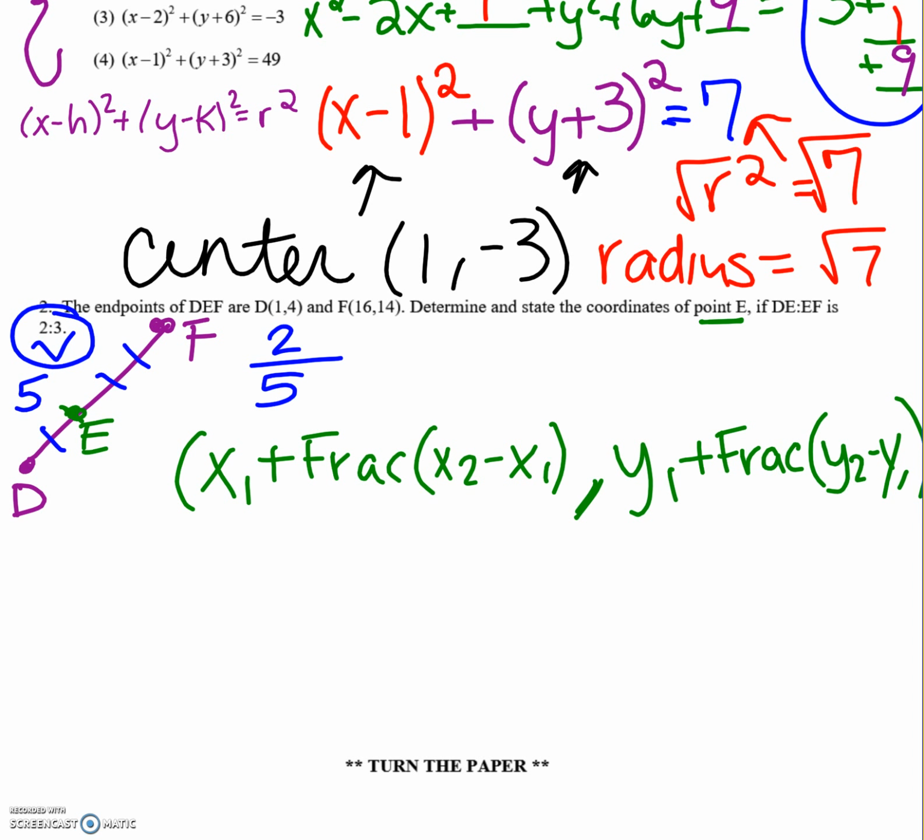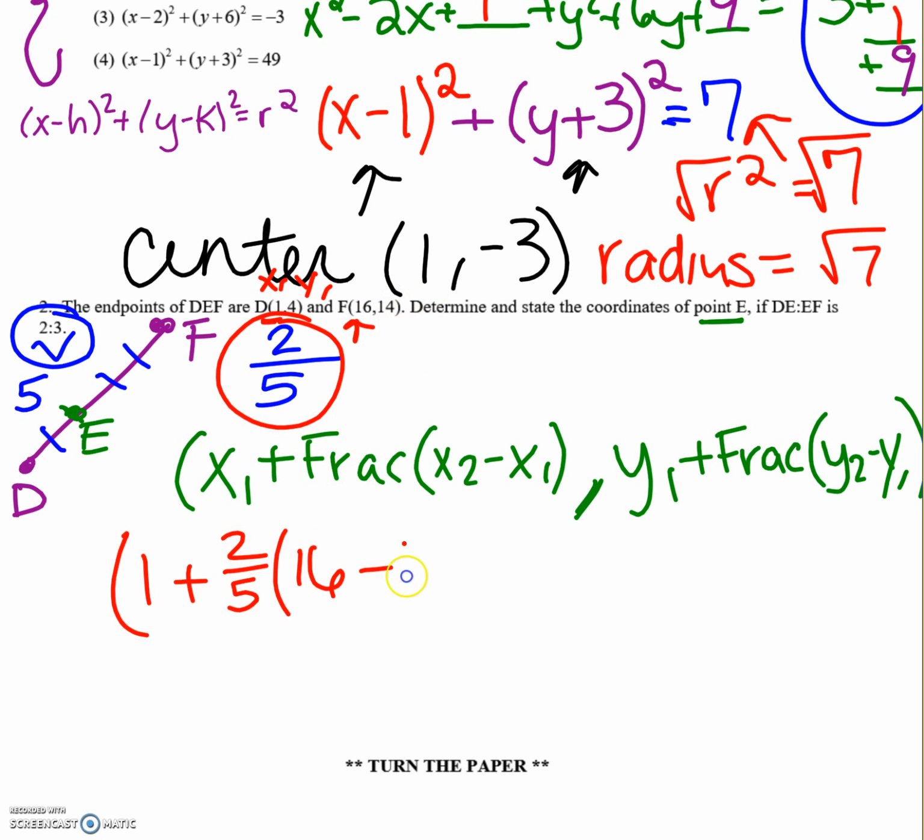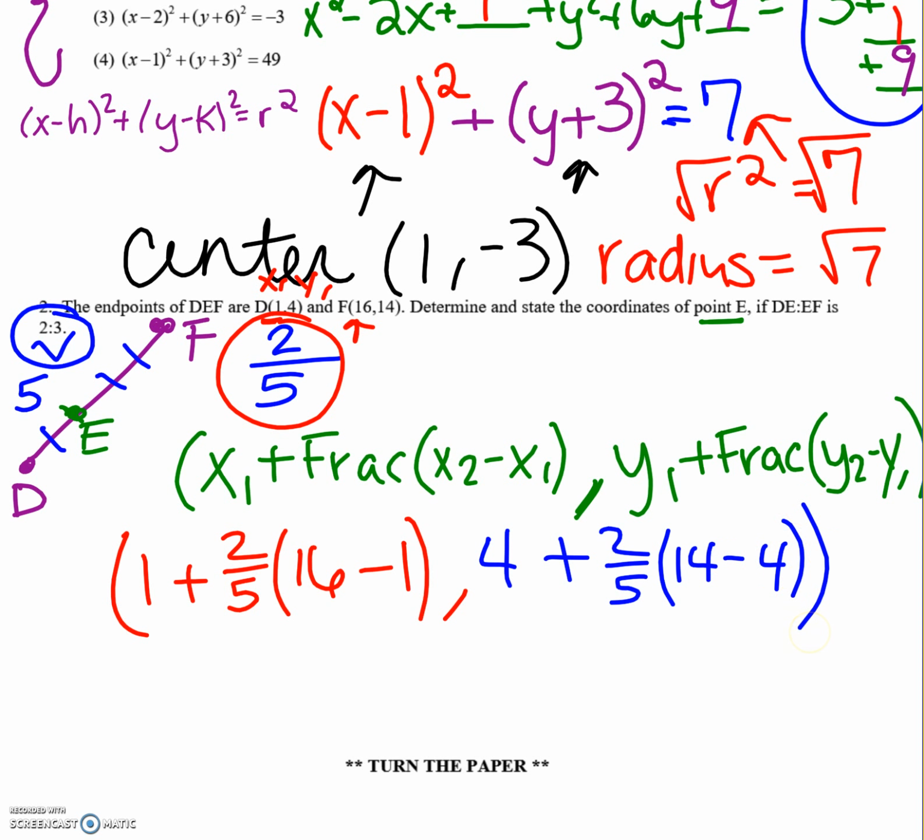So for here, my x1, y1 is related to D. So x1 is 1 plus my fraction of the way is 2/5 times x2, which is 16, minus my x1, comma, now I'm going to do the same thing for the y's. My y1 is 4 plus 2/5 of the way times 14 minus 4, close parentheses.